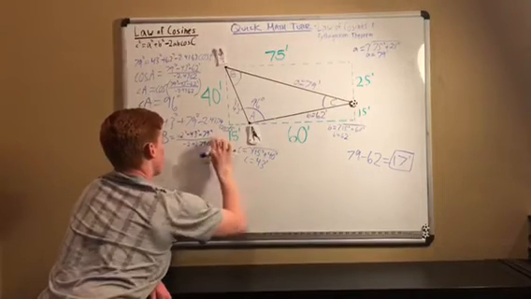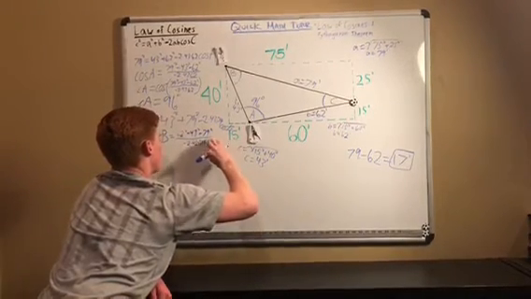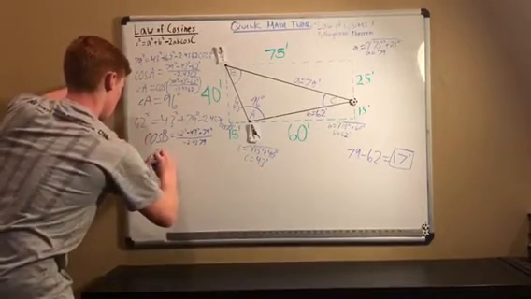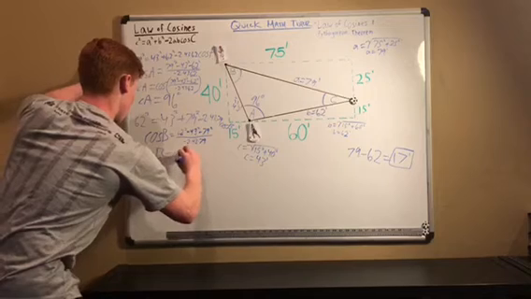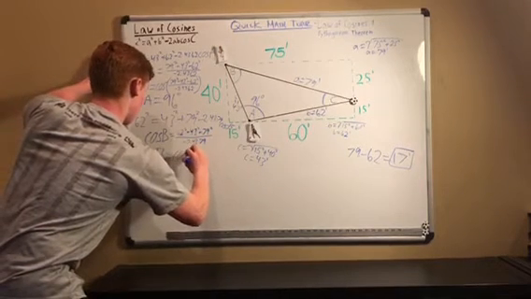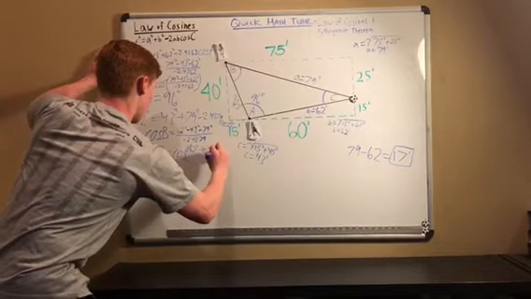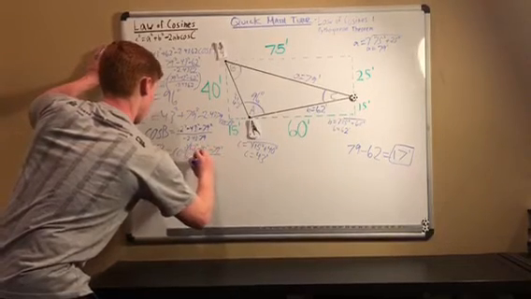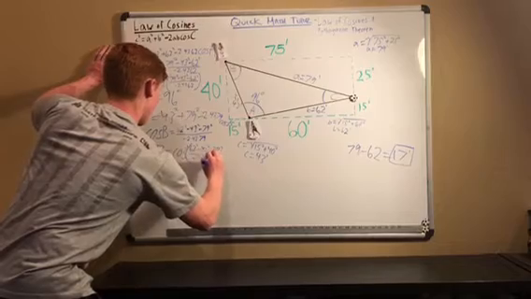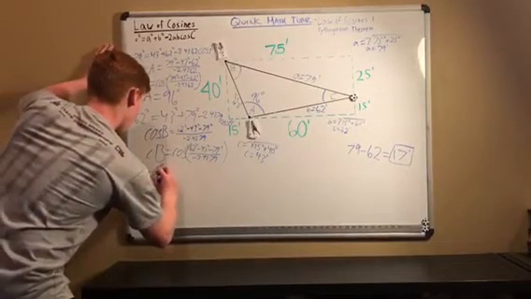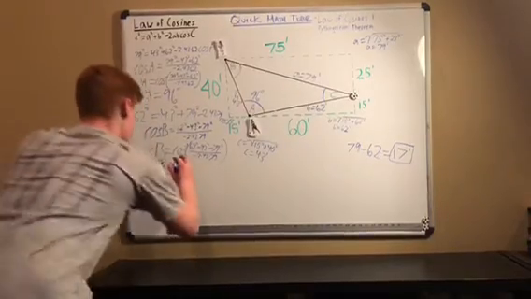Okay, so now angle B equals cosine negative 1 of that. If you plug it into the calculator, angle B will equal 51 degrees.